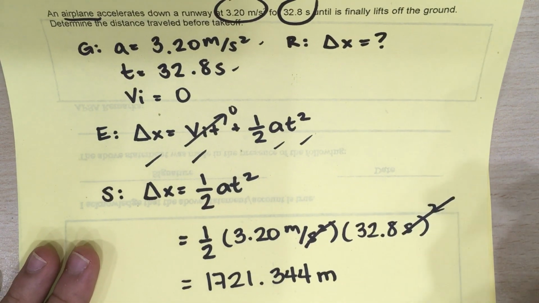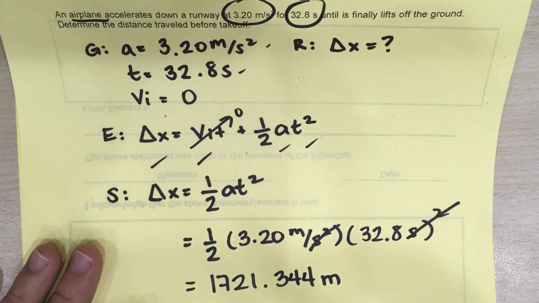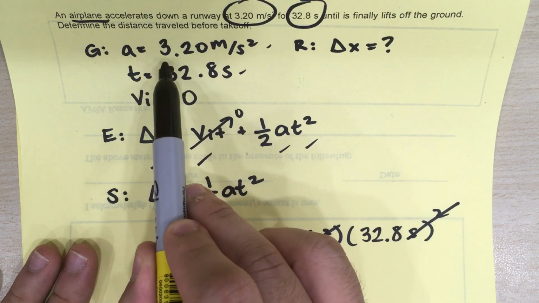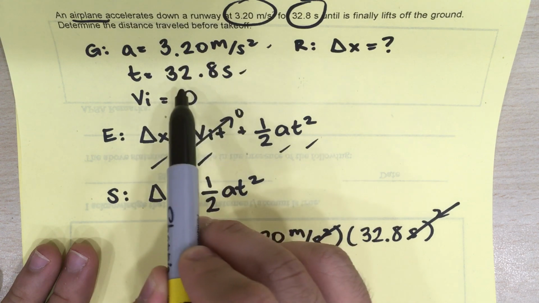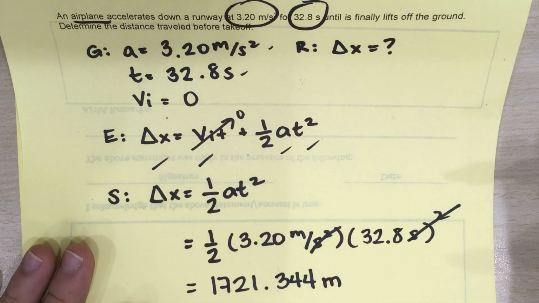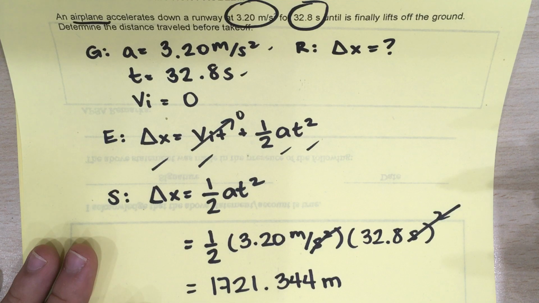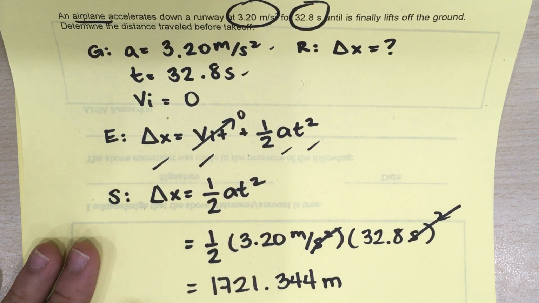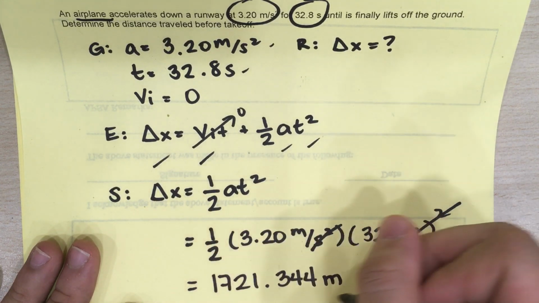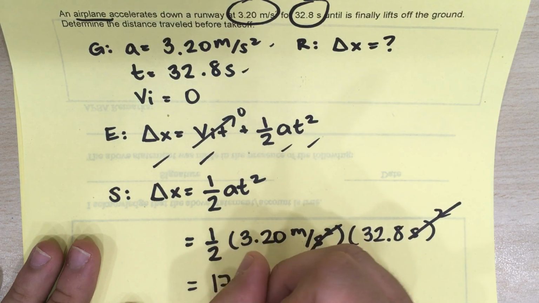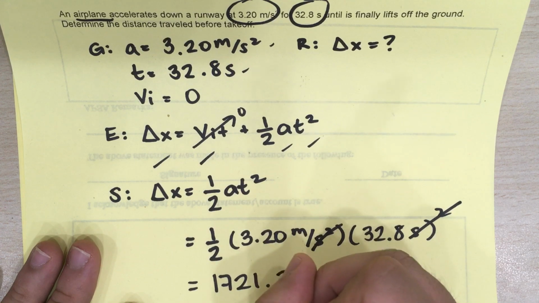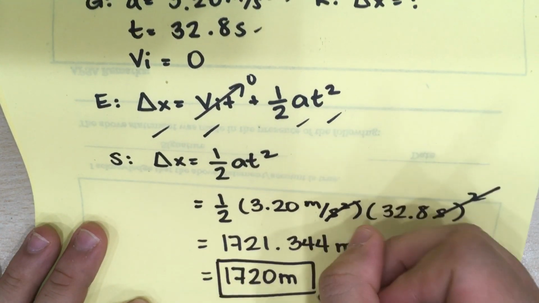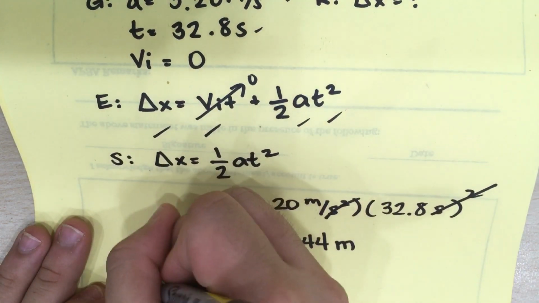Okay, now let's check significant figures. Okay, the 0 doesn't count because it's 0. We're only going to take note of this one, which has 3 sig figs, and this one, which has 3 significant figures. And therefore, when we plug all that in, we're simply going to get 1720 meters. Final answer. That's your A.